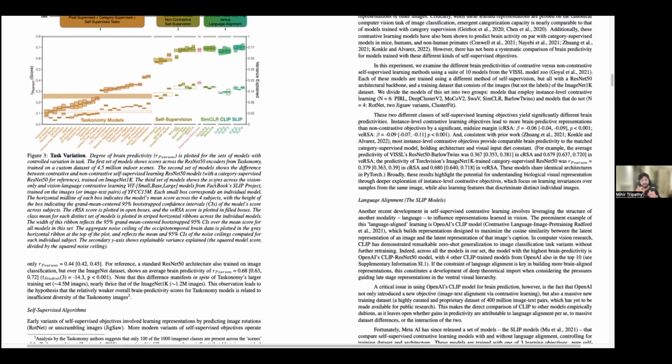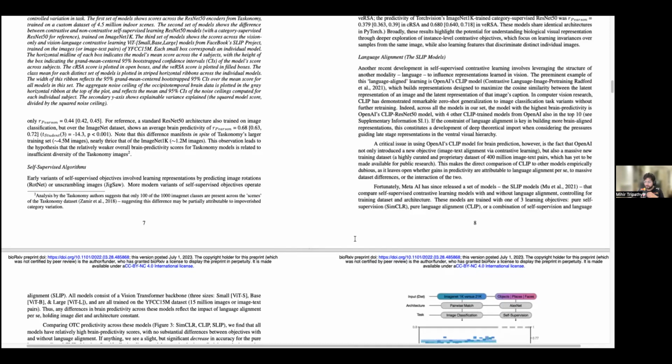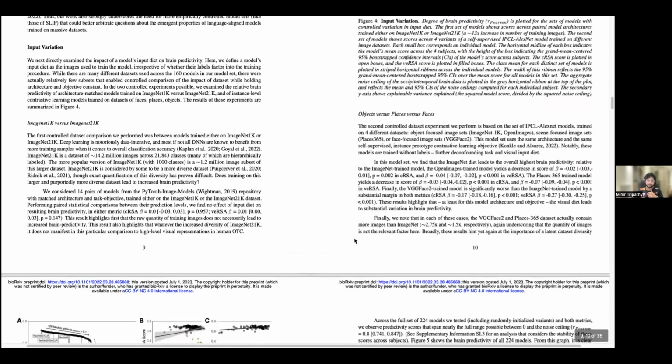Actually, the data set matters the most, I would say, because if we go down into the study, they test ImageNet 1K versus 21K. When comparing those, you would assume that since 21K has a lot more variation and is such a large data set, it should lead to a higher score.